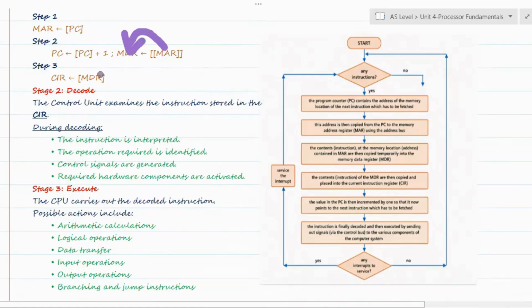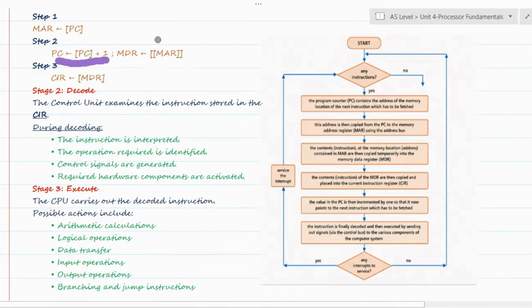And whatever is there in MDR, that instruction goes into the current instruction register. Okay. And while all this is being done, the value of PC is incremented by 1 so that it now points to the next instruction which has to be fetched.